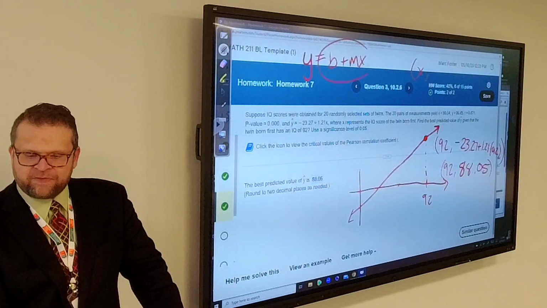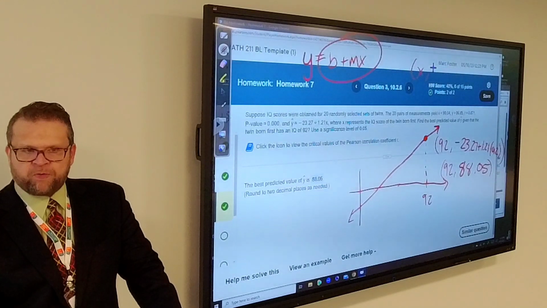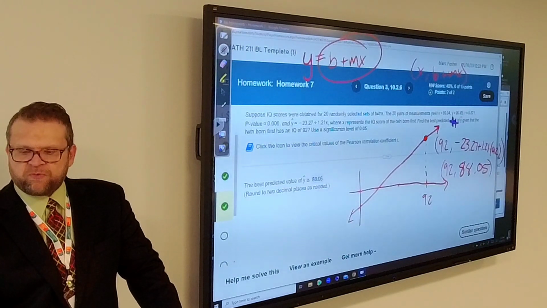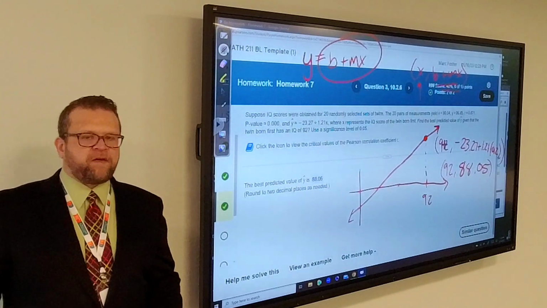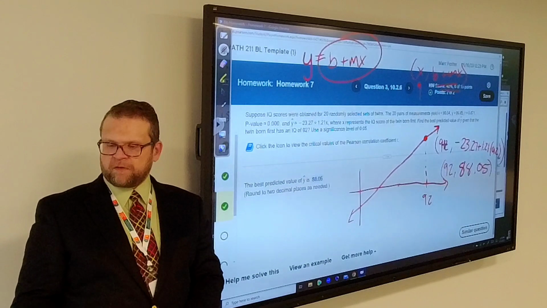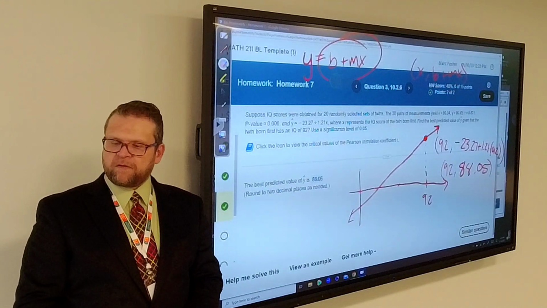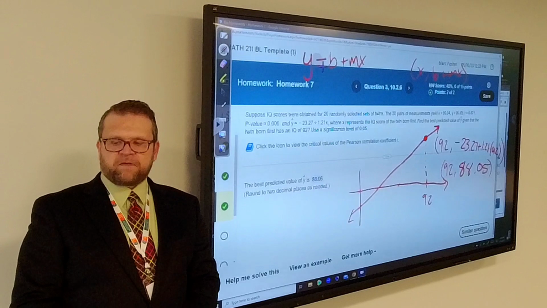So that means points on the line have the ordered pair x comma b plus mx. I see. You take the x value, you run it through the equation, you get the y value. Yes.